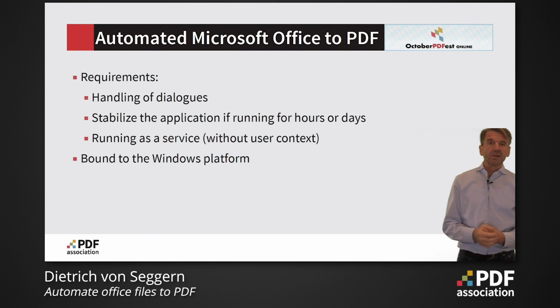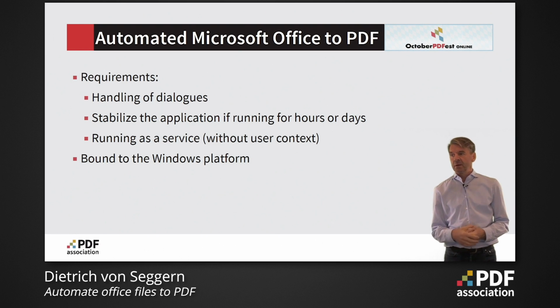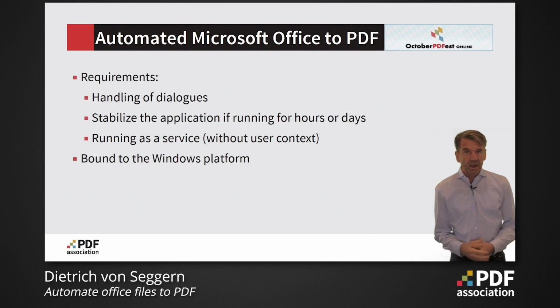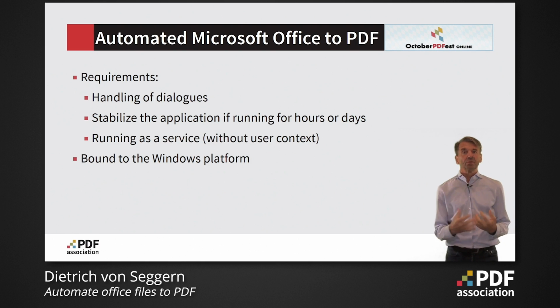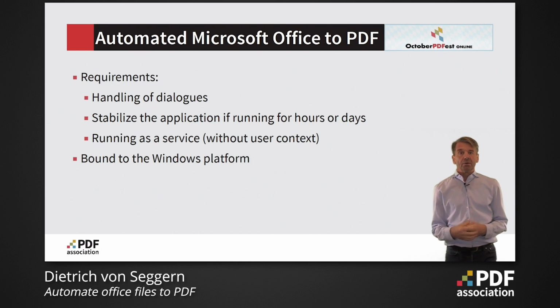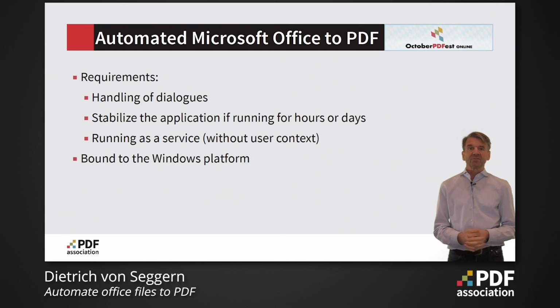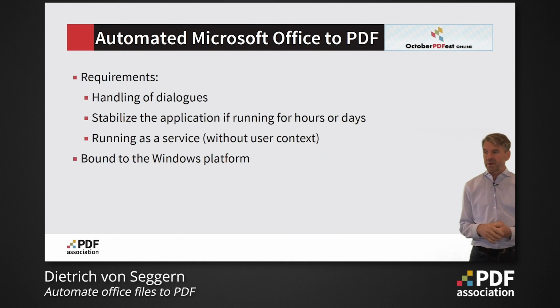However, you might still have a dialog once in a while that you would have to handle. You have to stabilize the application because it's not designed for 24-hour running, so you would have to measure whether the application is still healthy and otherwise just restart it.